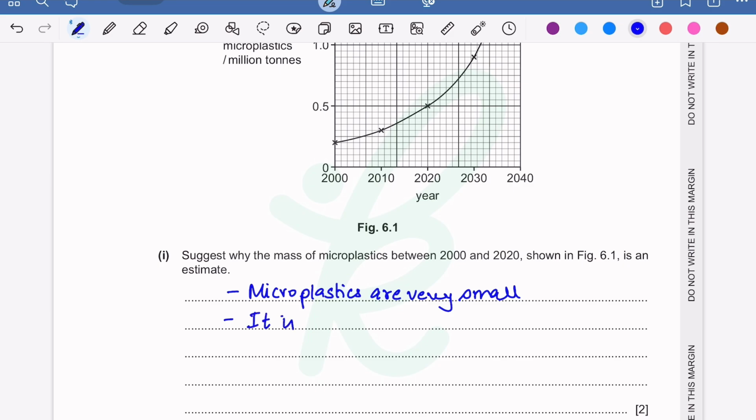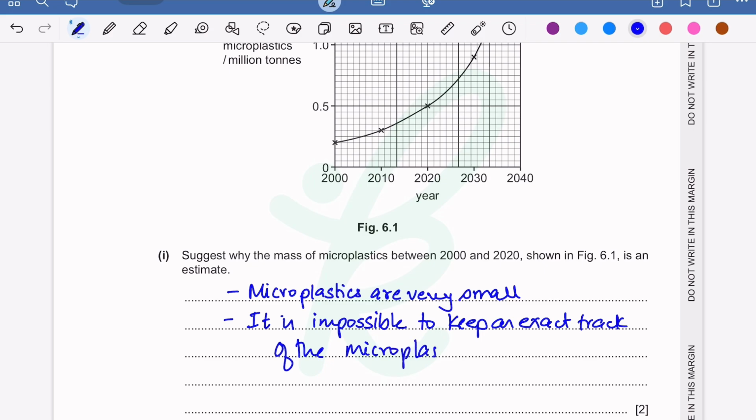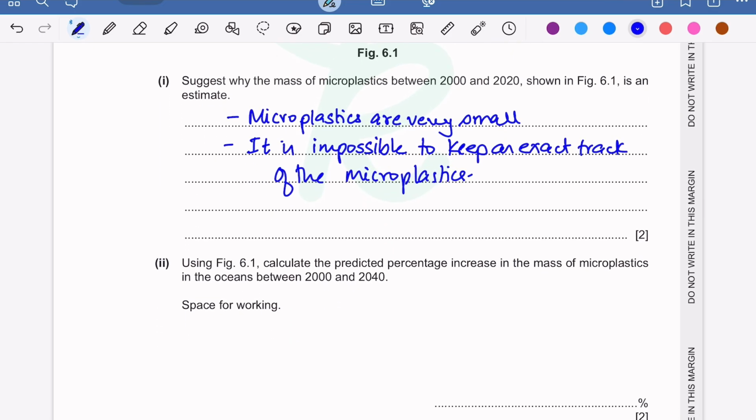It is impossible to keep an exact track of the microplastics. Next question. Using figure 6.1, calculate the predicted percentage increase in mass of microplastic in oceans between 2000 and 2040.